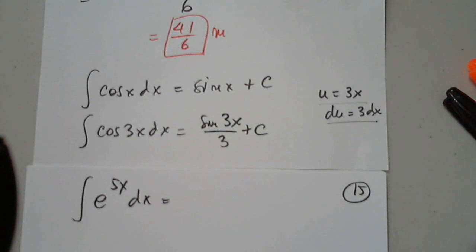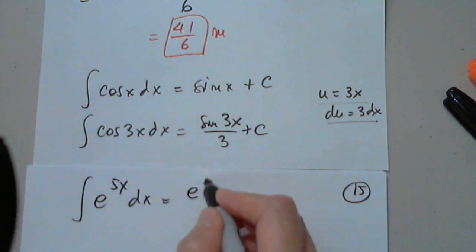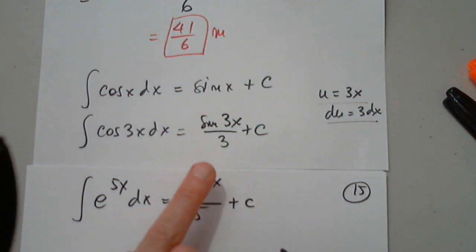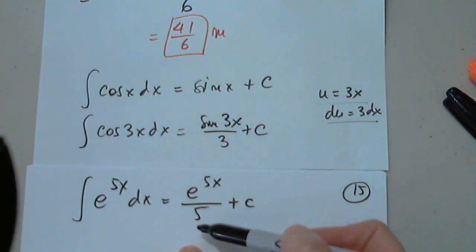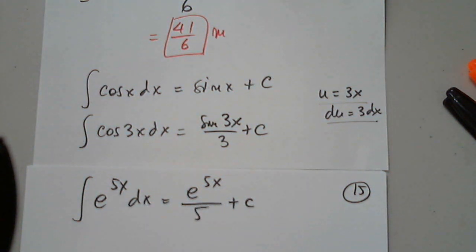It's okay if you're wrong, no problem. 5e to the 5x. So, but over. It's over, like here. Because when you differentiate this, you get e to 5x times 5. You simplify and you get that. Is that clear? Yes, thank you.